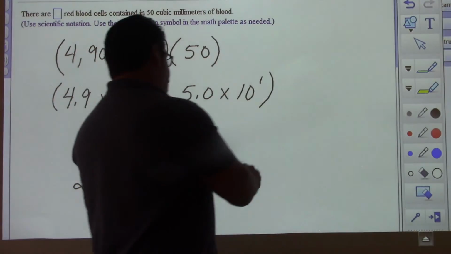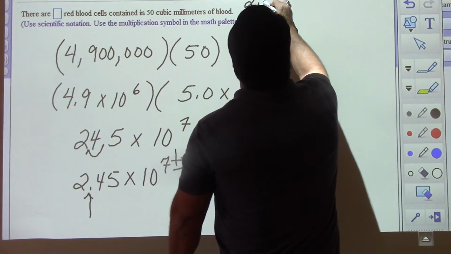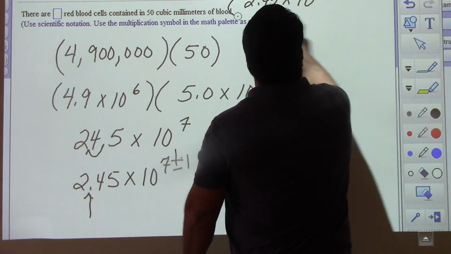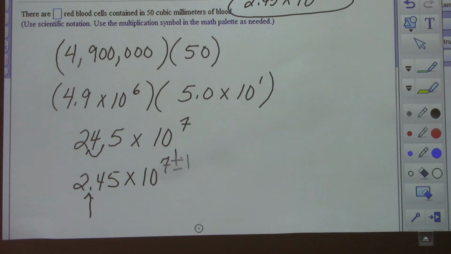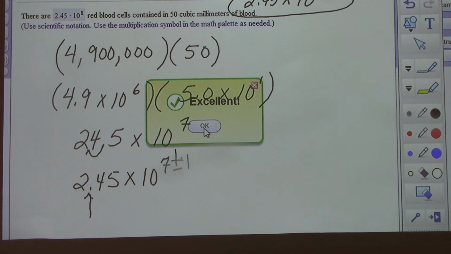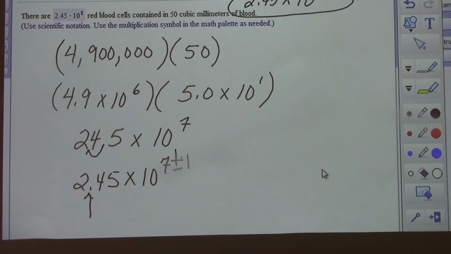And that is 2.45 times 10 to the 8th power. And you should feel good about yourself.